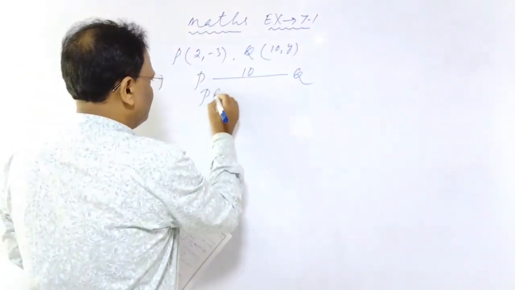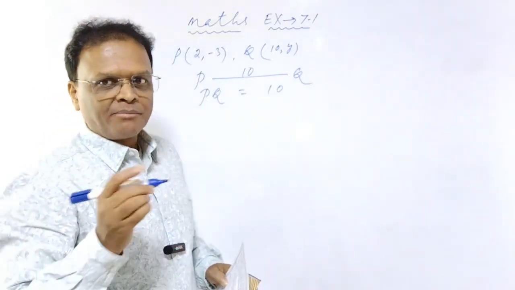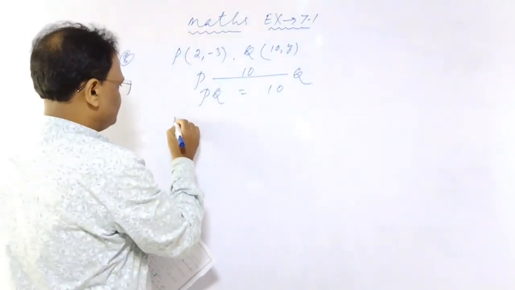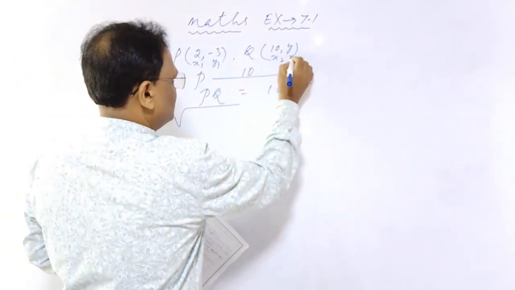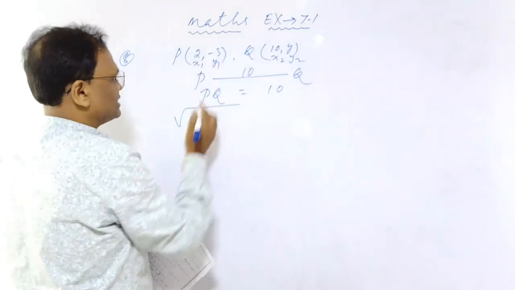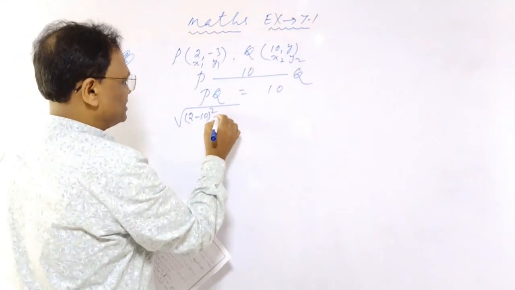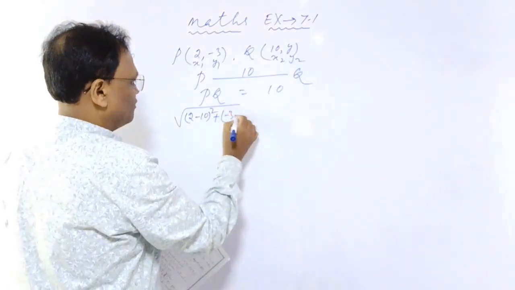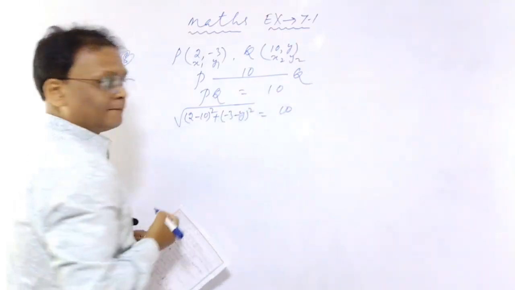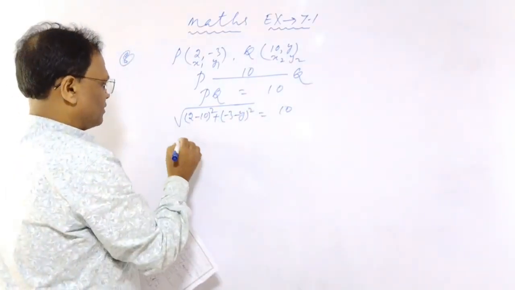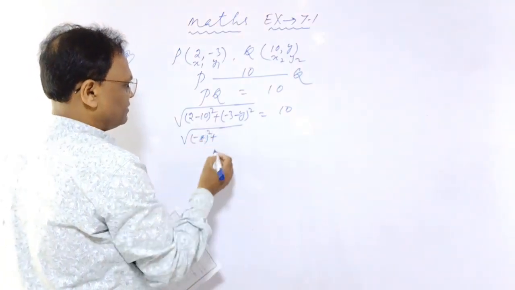So what is given? PQ is nothing but 10 units. PQ means the distance between P and Q. Apply the formula. This is x1, this is y1, this is x2, y2. Square root of x1 minus x2 whole square plus y1 minus y2 whole square is equal to 10, that is minus 8 whole square plus this one.